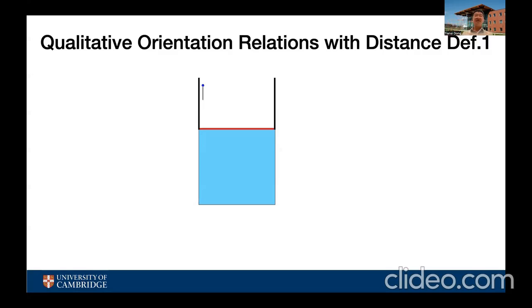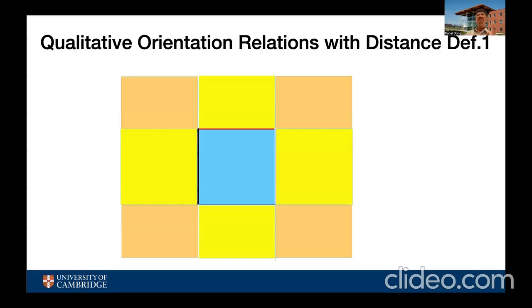Using this method, it partitions the space into 8 areas. If the point is between the angle of these black lines, then it has equal shortest distance to the two segments. This is the shortest distance to the 4 sides of this square. In this way, the space around this square is partitioned into 8 areas.